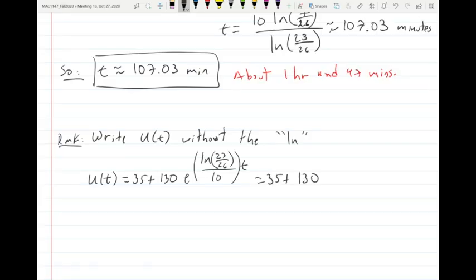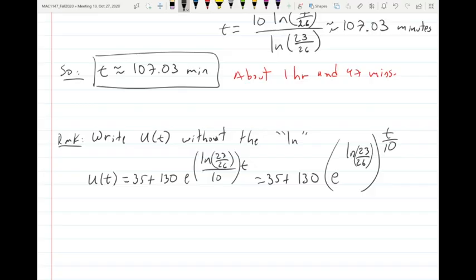So first of all, we can split this as follows. Notice that ln of 23 over 26 divided by 10, we can write that as ln of 23 over 26, I'm going to write it like this, to the t over 10.